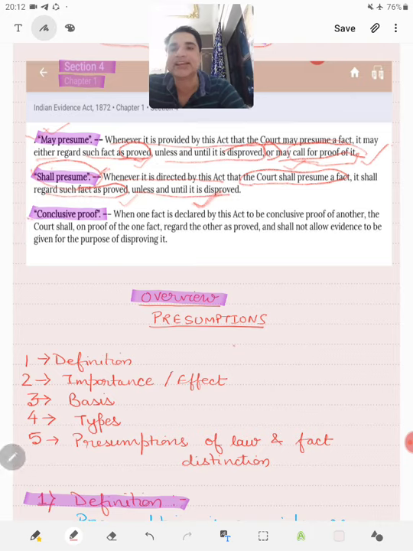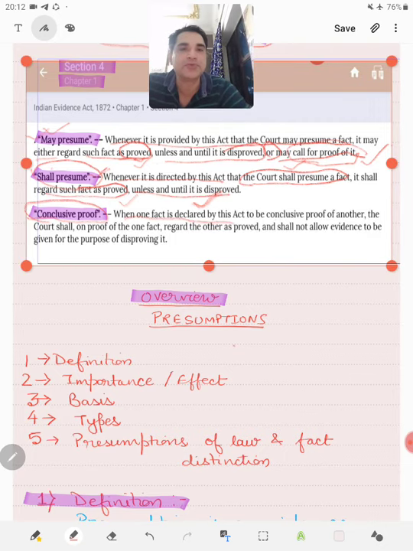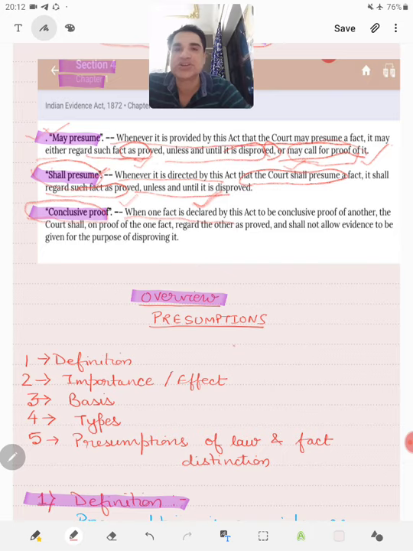And third is conclusive proof. When a fact is declared by this act to be conclusive proof of another, the court shall, on proof of one fact, regard the other as proved and shall not allow evidence to be given for the purpose of disproving it. Now, in case of conclusive proof, the court has got two duties.